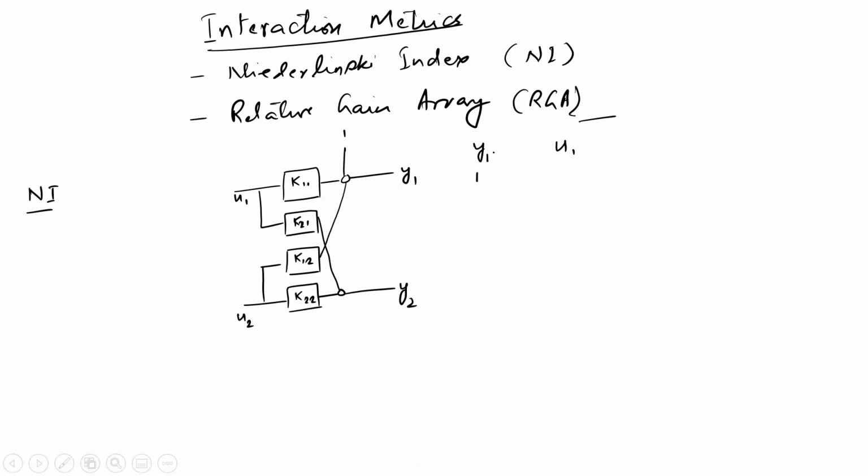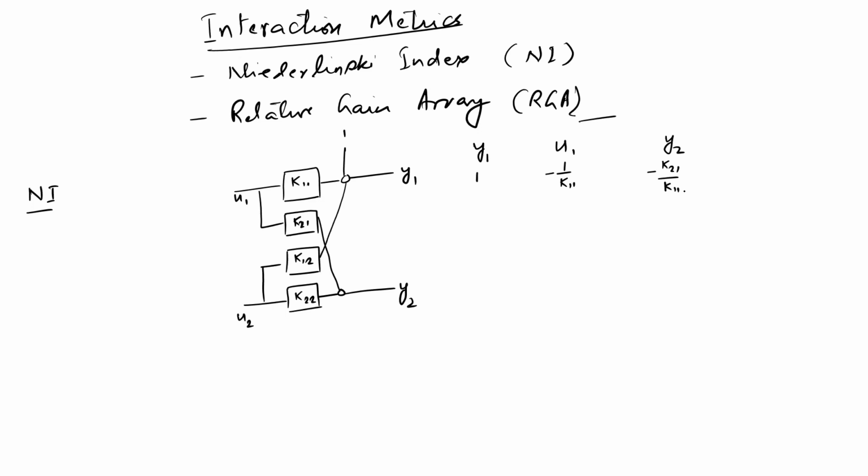In order to bring it to 0, u1 will have to be minus 1 by K11. I do this, y1 is brought to 0, but then y2 goes to minus K21 by K11. Y2 reaches this value.